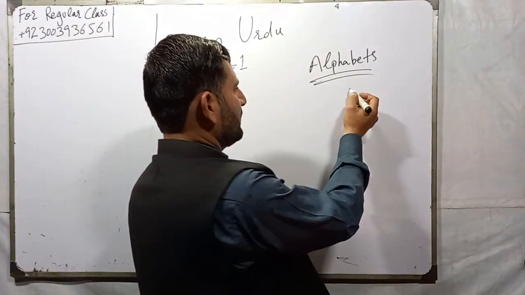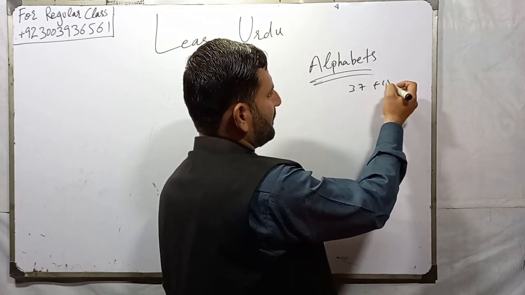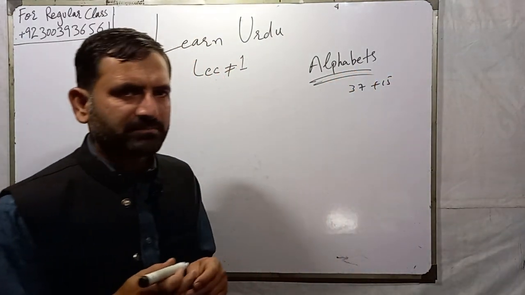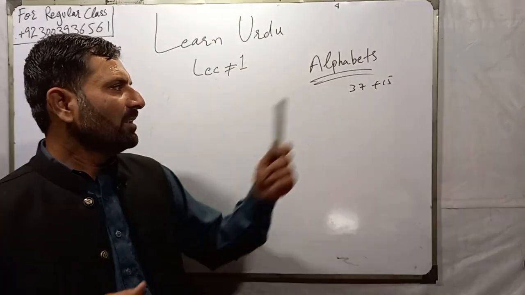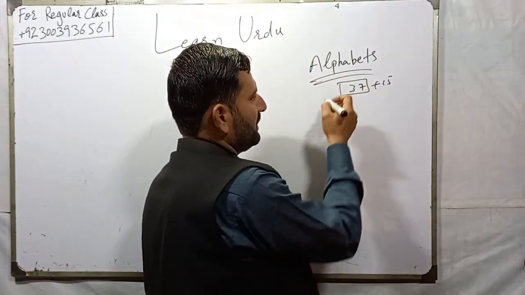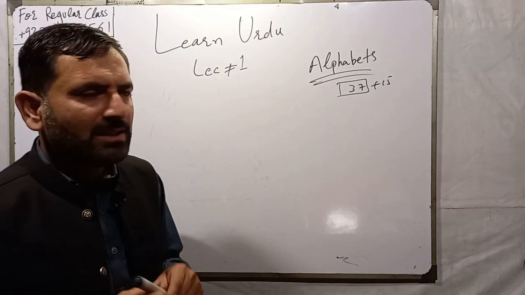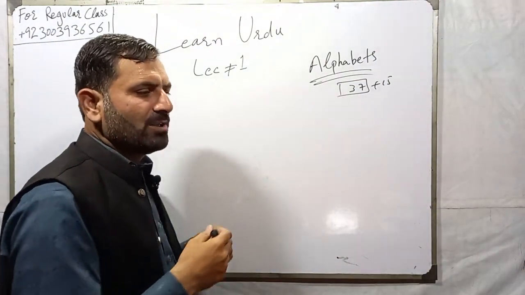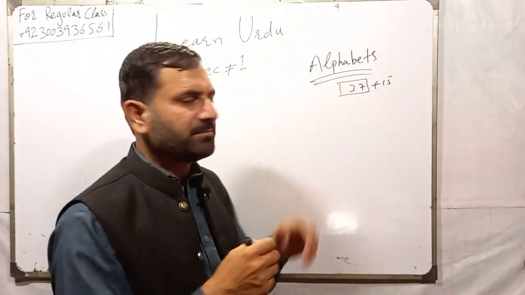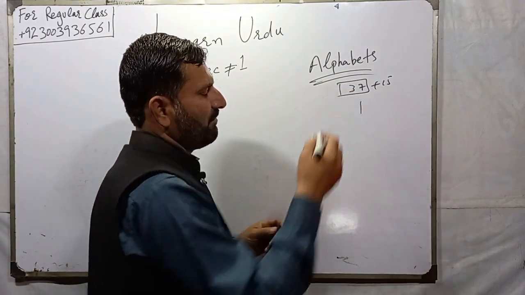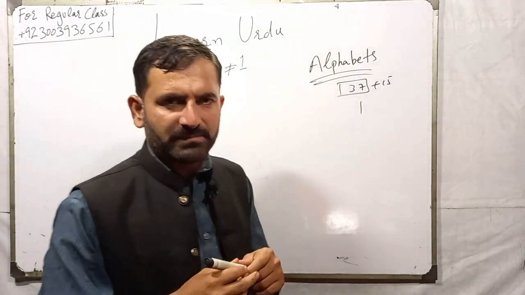There are 37 simple letters and 15 composite letters. We shall start from these 37 letters, and in lecture 1 we shall start from Alif. This is the first letter of the Urdu alphabet.